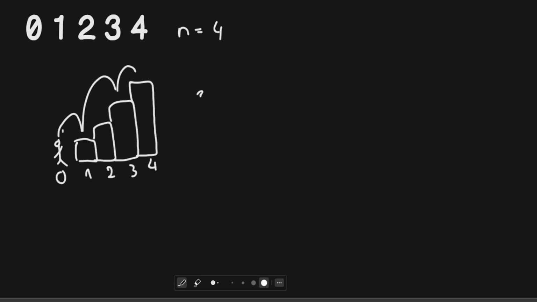So that's three ways. From this, you know that this little guy right here has 2 choices. He can either choose to do 1 step, or he can choose 2 steps. That's basic.